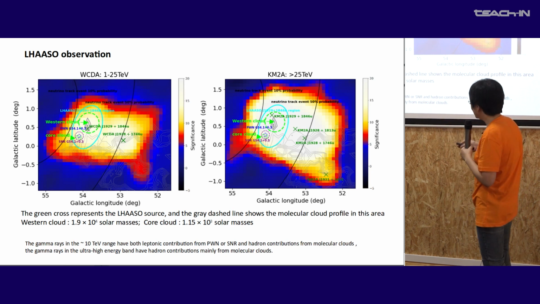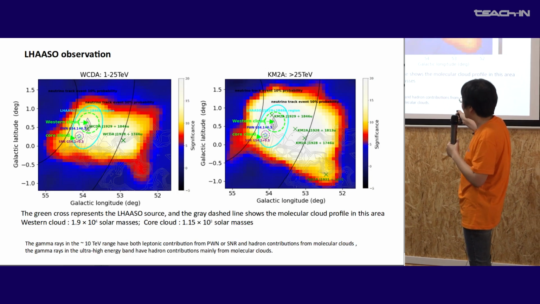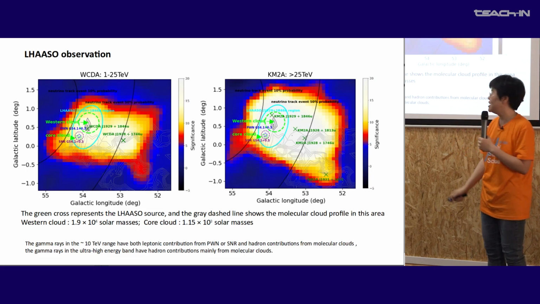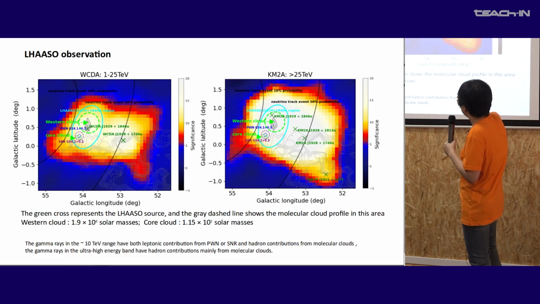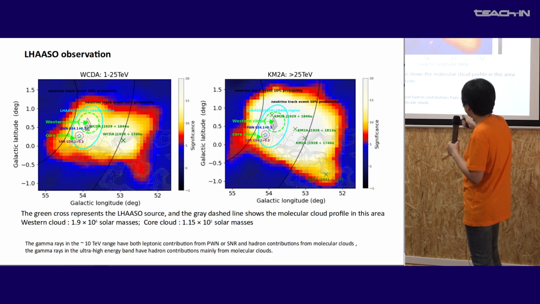In our model, radio and X-ray can distinguish the pulsar wind nebula from the supernova remnant. We found the cloud, which serves as the cold particles, and integrated from the observation.